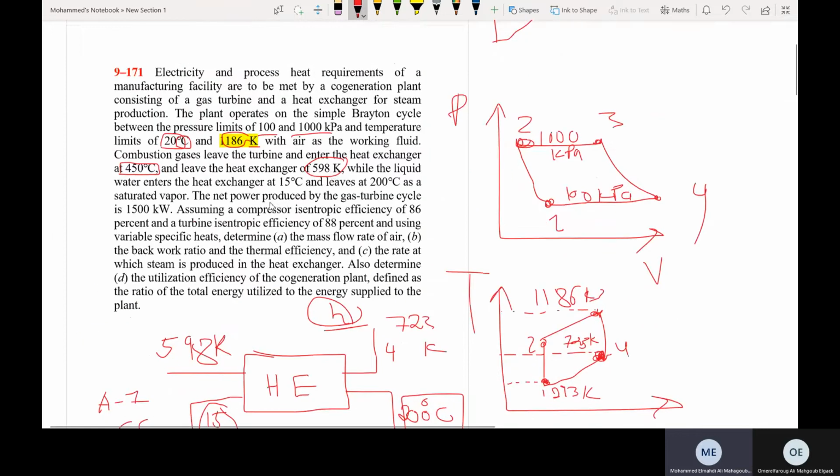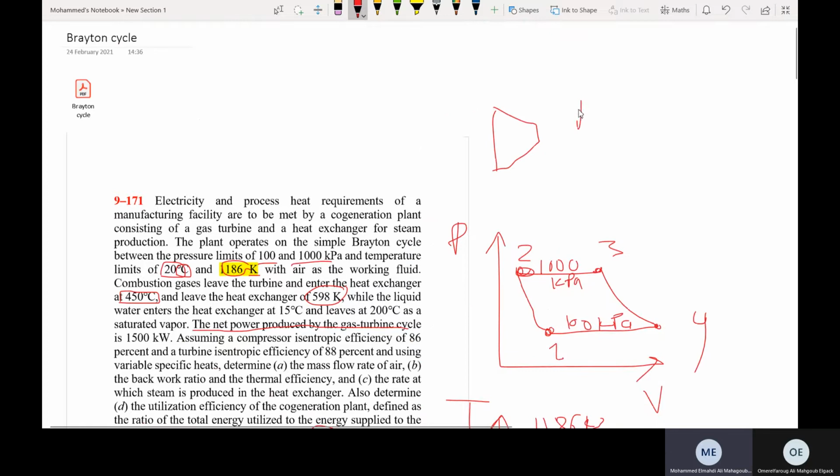So now, we finished everything, I guess. We still have one more given, which is the net power produced by the gas turbine cycle. The net power, W dot net, equals 1,500 kilowatts.